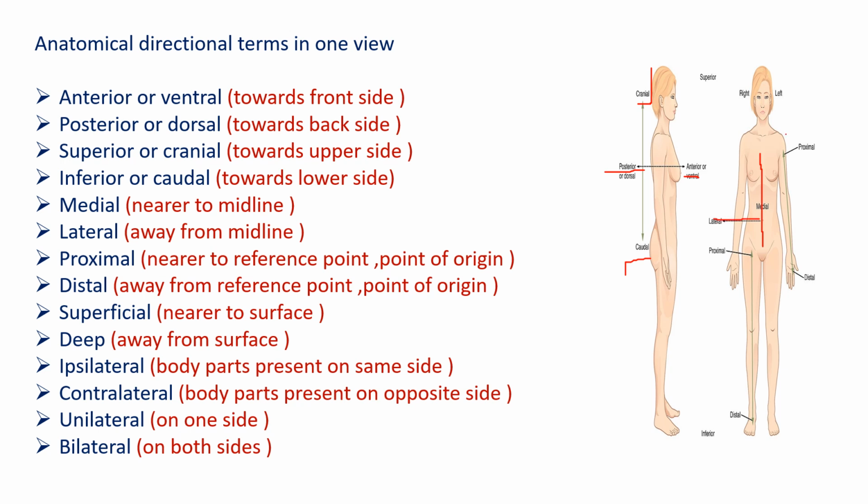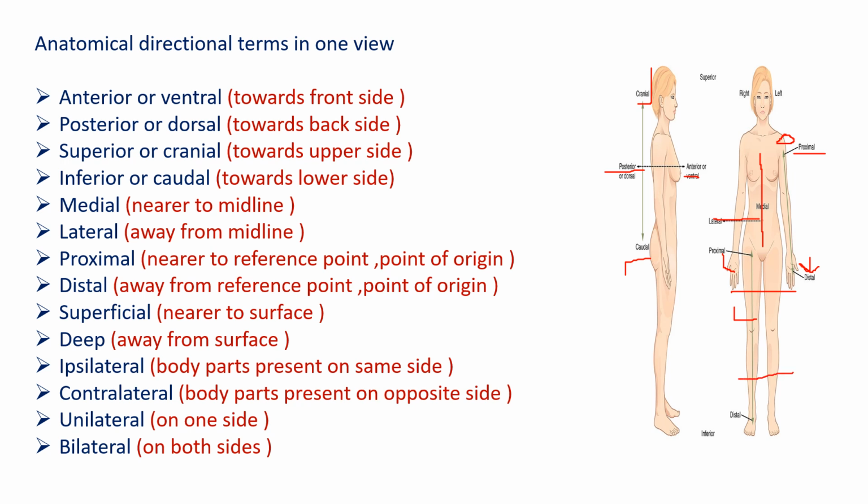If there is a reference point, then the part of the body that is near to that point is proximal, and if that part of the body is present away from that point, then it is distal. If we consider only one arm or only one leg, then it is unilateral, but if we consider both arms or both legs, then they are bilateral.